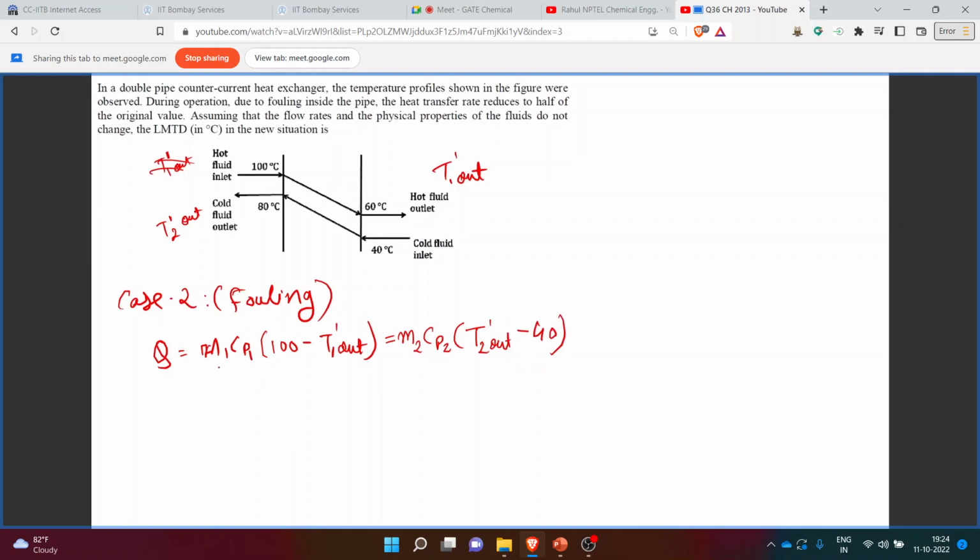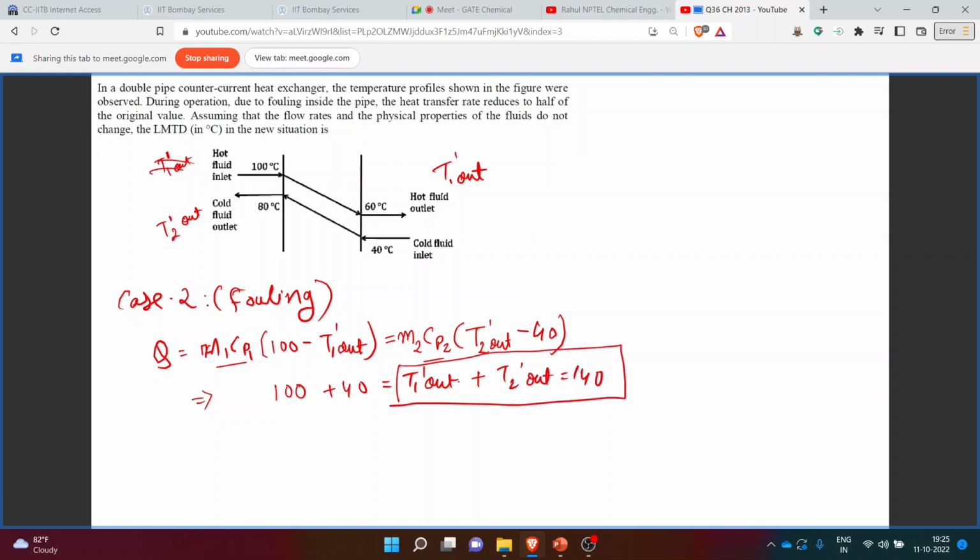From the earlier case we have M1 Cp1 is equal to M2 Cp2. From this we can get the relation between T1 out and T2 out. So it will become 100 plus 40 is equal to T1 dash out plus T2 dash out, which is equal to 140.